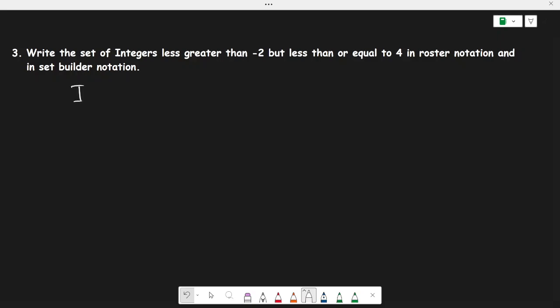We represent integers by I. So negative 4, negative 3, negative 2, negative 1, 0, 1, 2, 3, 4, 5, going like that, and even on this side. So these are integers.